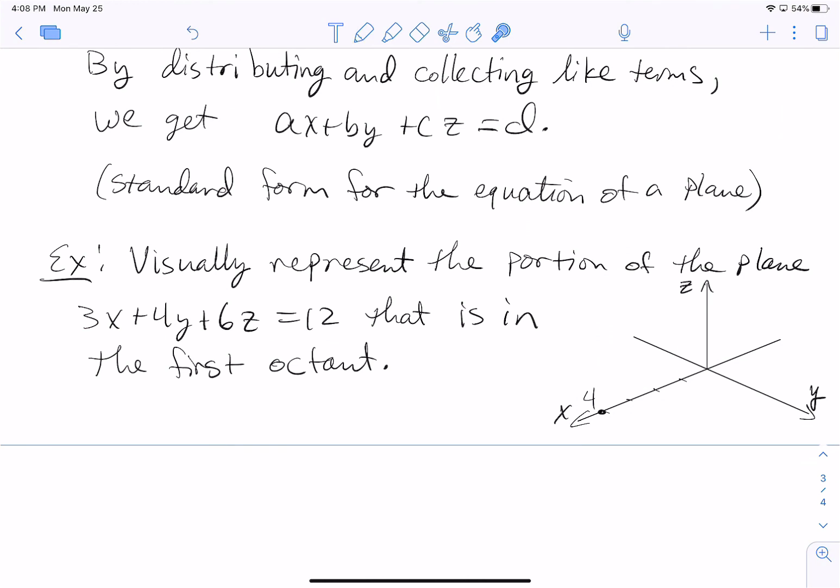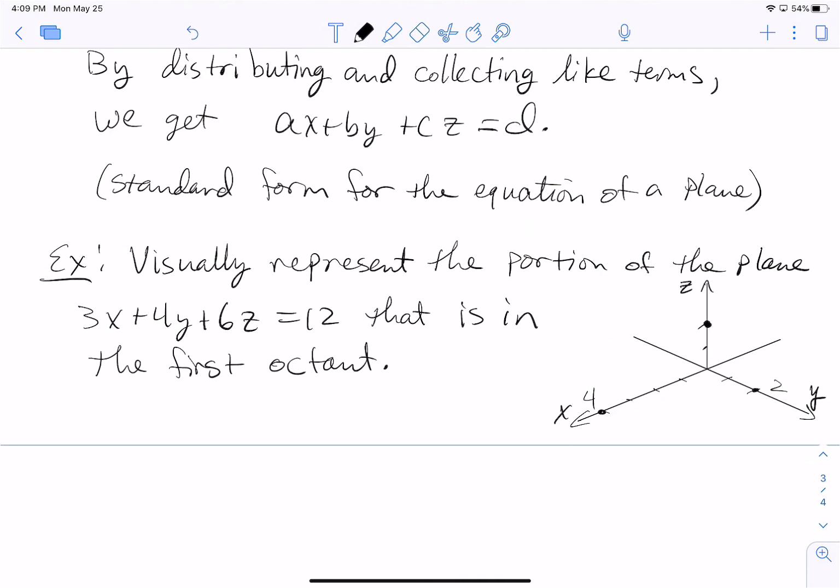If we let x and z be 0, then we have 4y equals 12, and so we have a y-intercept of 0, 3, 0. And if we let x and y be 0, then we end up with the equation 6z equals 12, and so z equals 2. And so we have a z-intercept of 0, 0, 2.